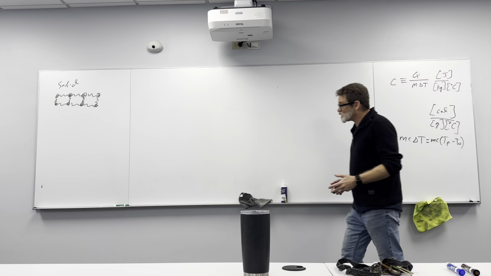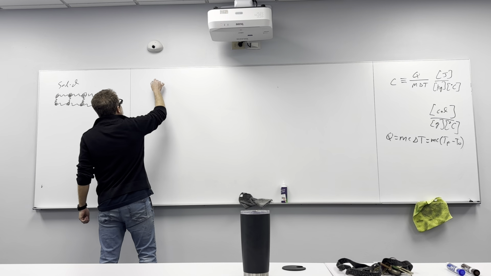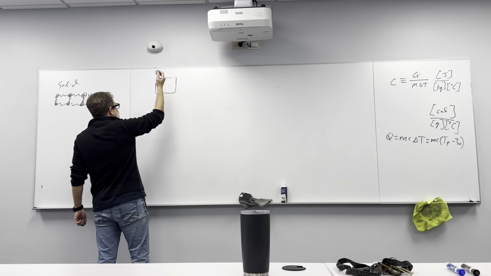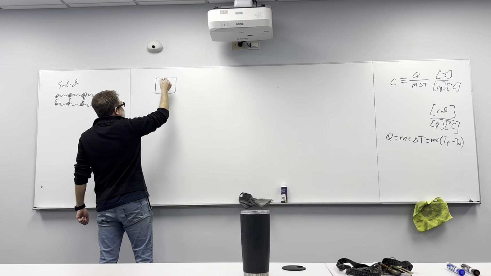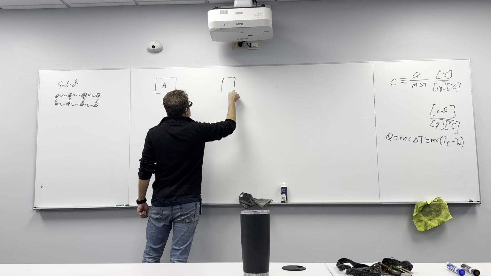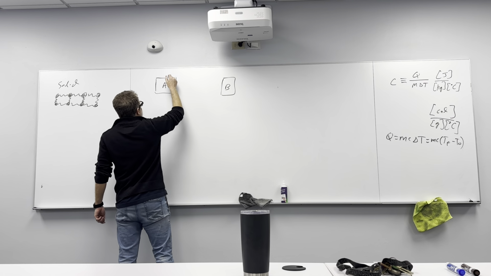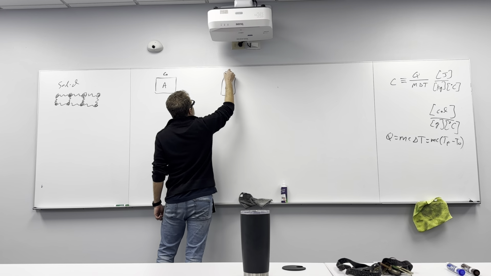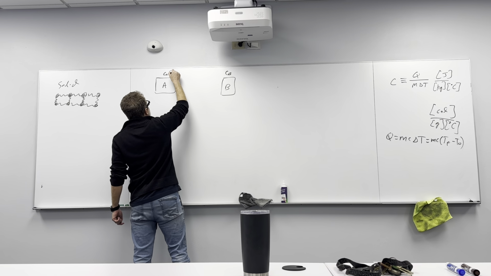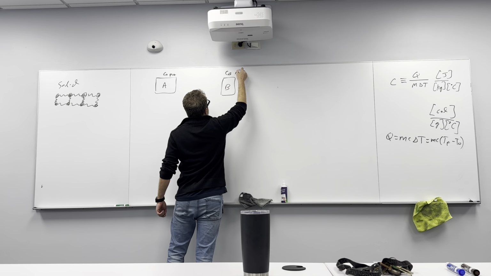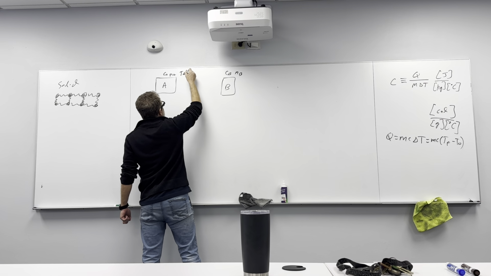Let's say I have two objects at different temperatures, and we're dealing with solids still, for simplicity. Object A, Object B, they have specific heats, CA, CB, they have mass, MA and MB, and they have initial temperature, TA, TB.